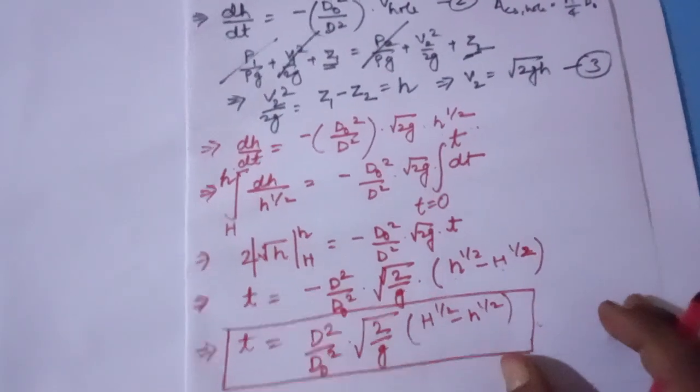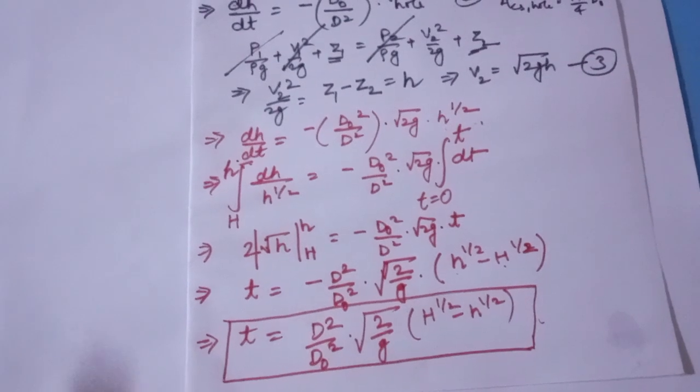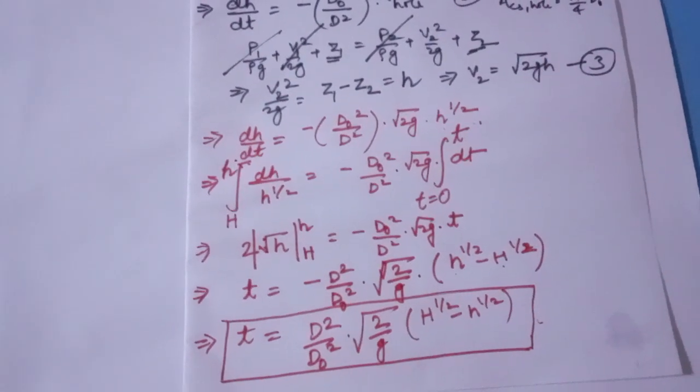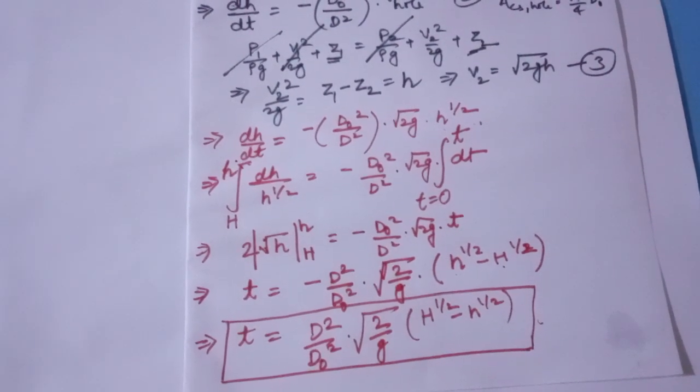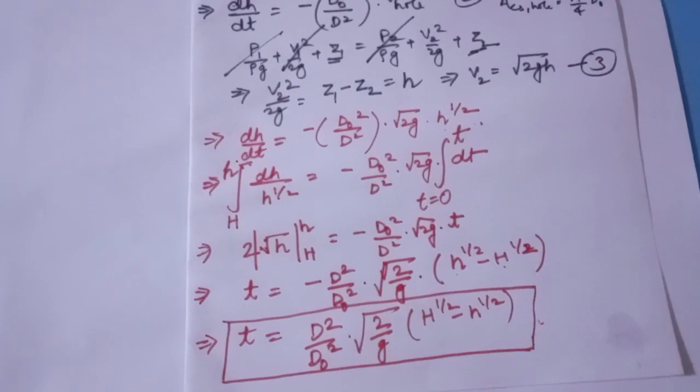Now suppose we want to find the time required to completely empty a tank. By completely empty we mean that the final height of the liquid in the tank will be 0.